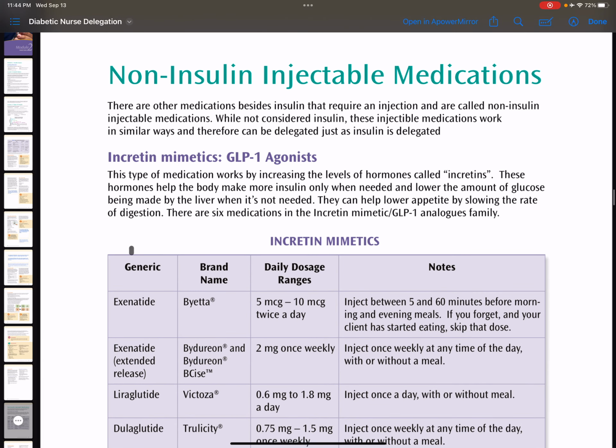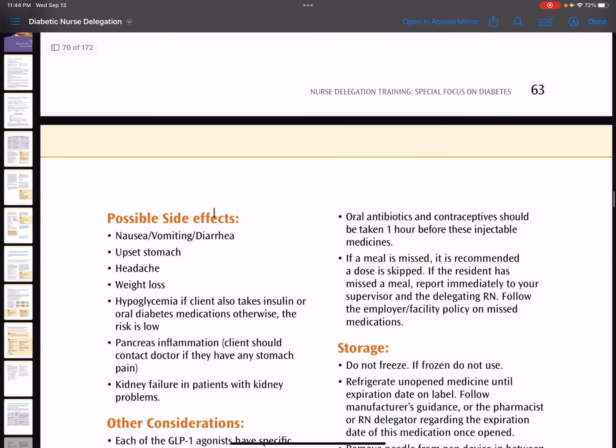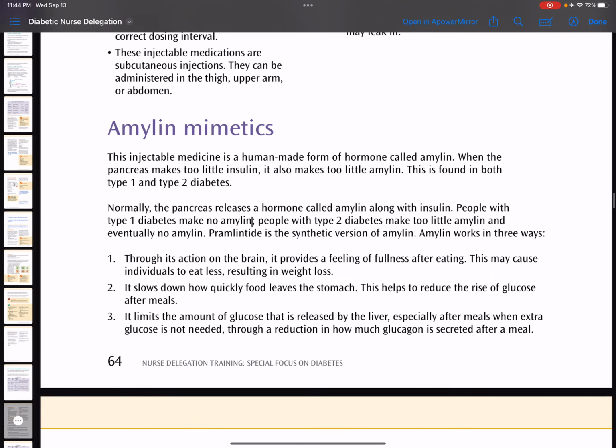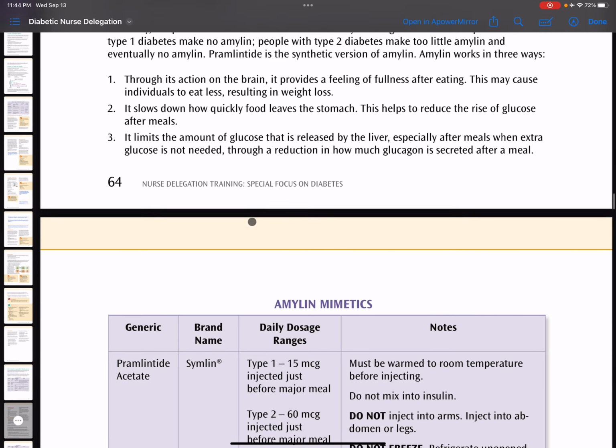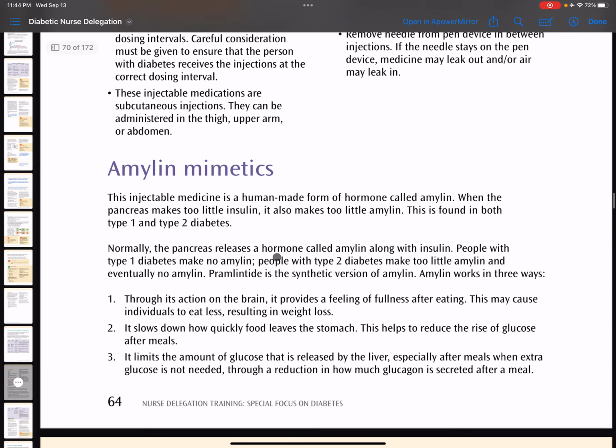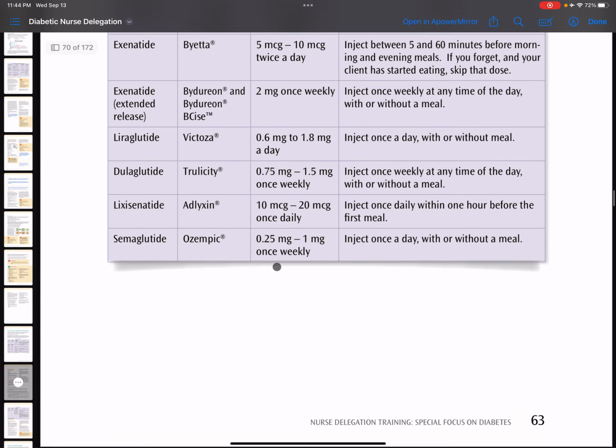There are two main ones: incretin mimetics, this is one, and another one is amylin mimetics. They're very similar. There are different kinds that are listed in your book. Let's see.